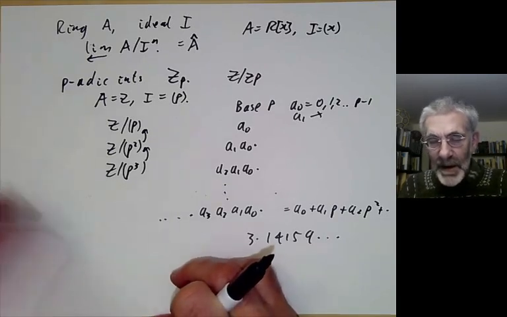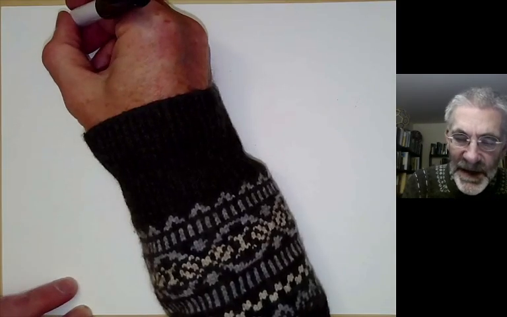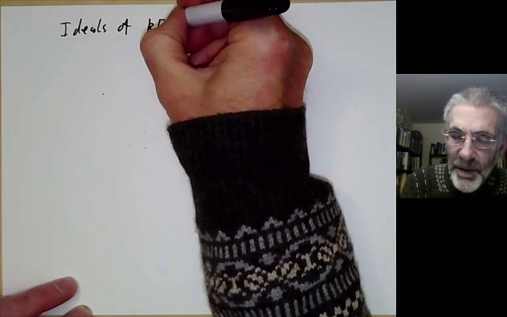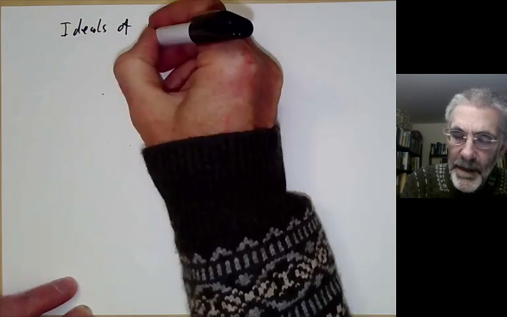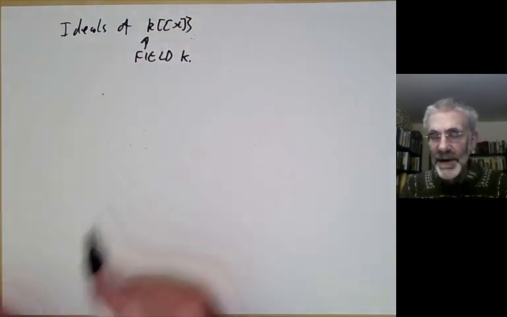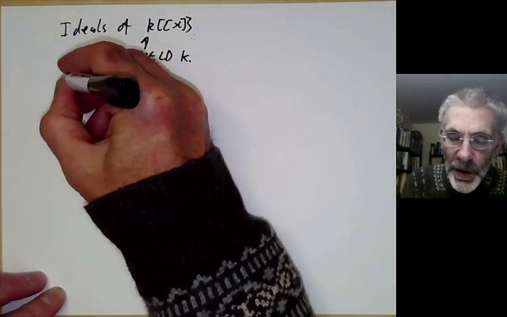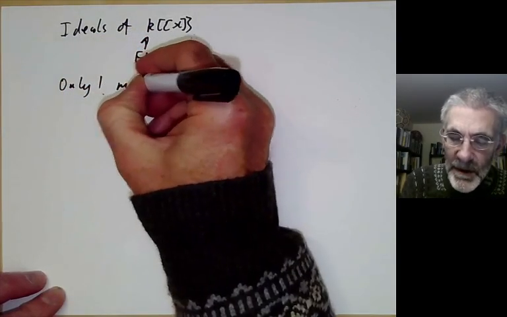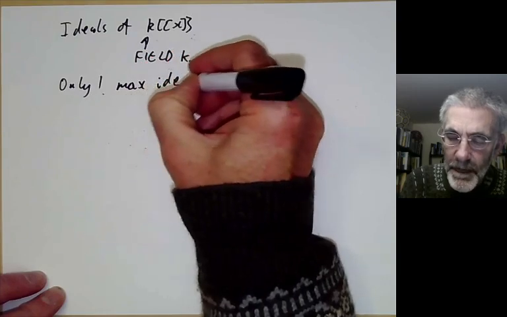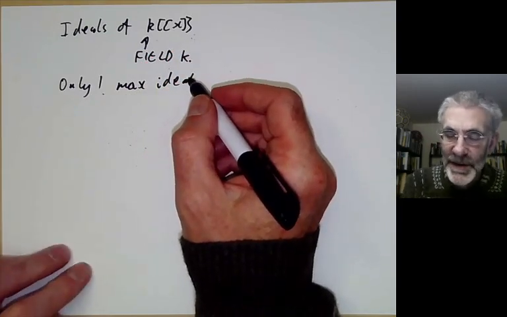Let's have a look at what the structure of the formal power series ring is. First of all, let's look at the ideals of the ring of formal power series. I'm going to work over a field to make things simpler. First of all, we notice there's only one maximal ideal. So this already makes them a lot simpler than polynomial rings.